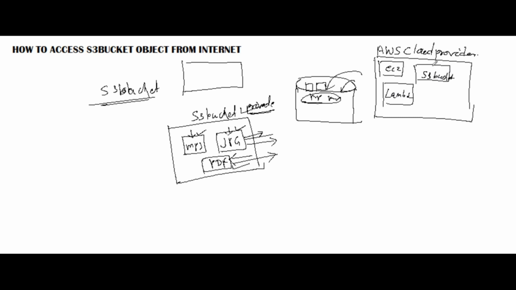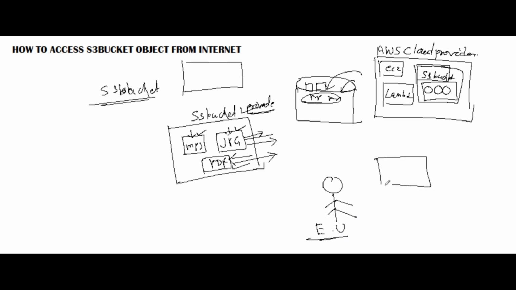Inside S3, we will create one S3 bucket, give it a name, and inside that S3 bucket we will keep our objects, then we want to download them. So this is the scenario. Here we are the end user, and this is our system, in the sense, this is our computer.